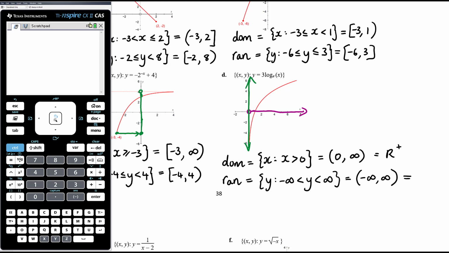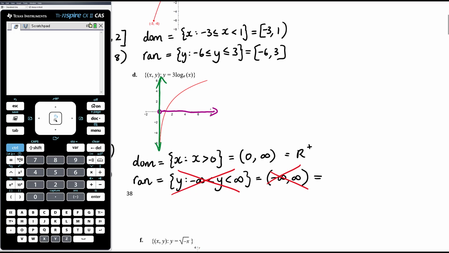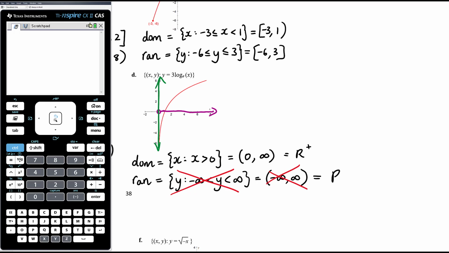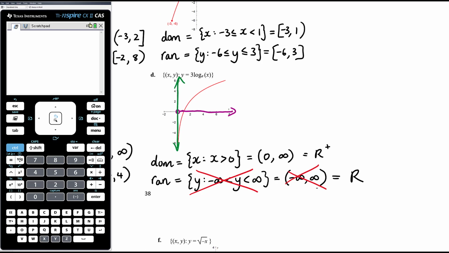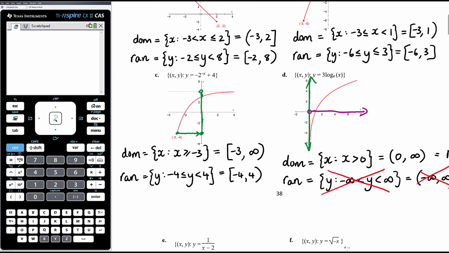But actually, in practice, we wouldn't ever write either of those things. All those things are just R, all real numbers. So please don't write the interval from -infinity to infinity. If x exists or y exists from -infinity to infinity, then it is an element of R. It's an element of the real numbers, so we would use R.